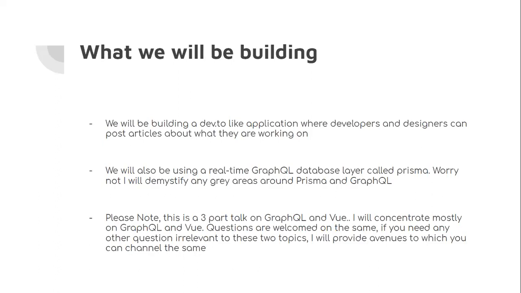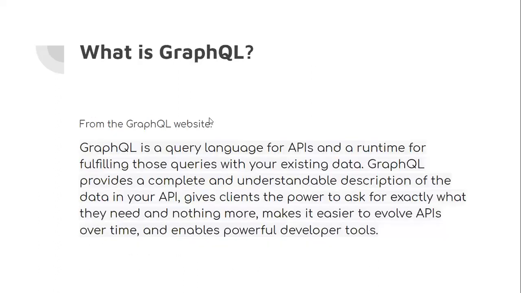So, what is GraphQL? As per the GraphQL website, GraphQL is a query language for APIs and a runtime for fulfilling those queries with your existing data. So GraphQL is just another way of retrieving data from your database and serving it to a web client. The most common thing I could compare GraphQL to is RESTful APIs.